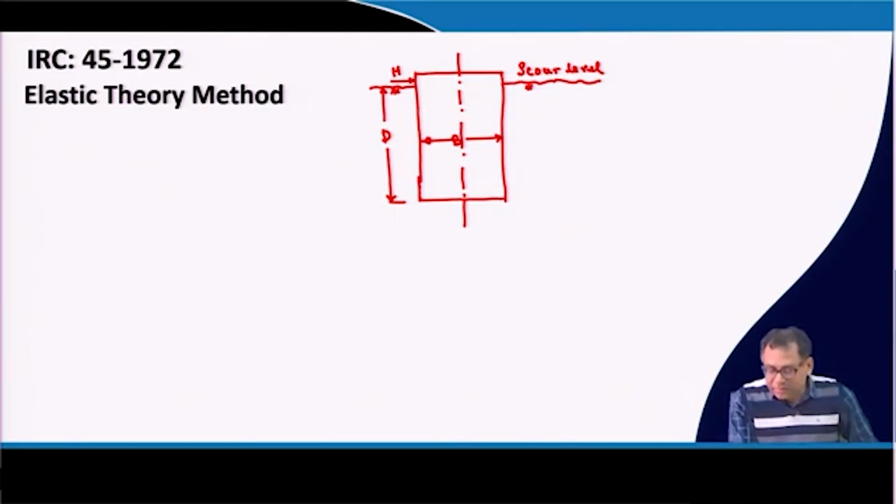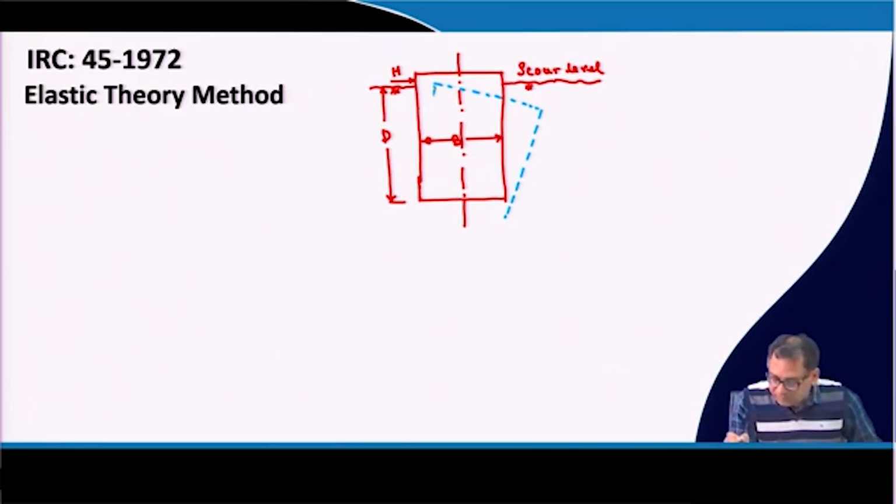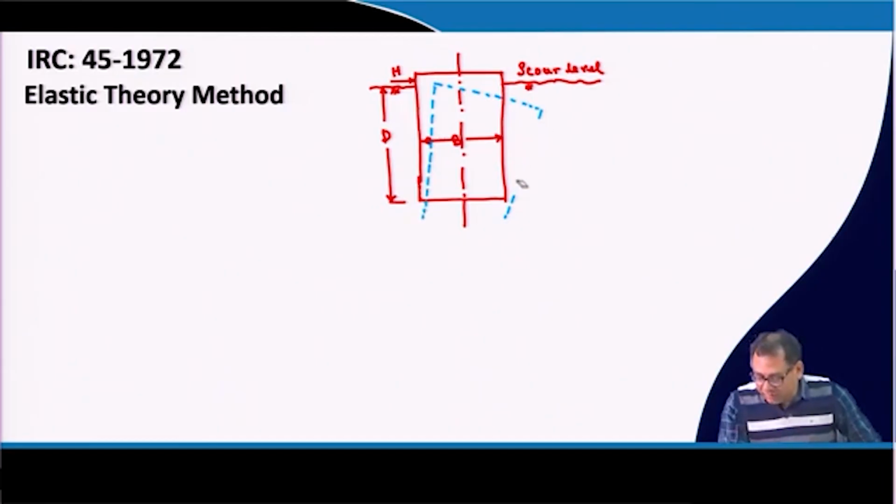Now, because of this horizontal force H, the well will rotate. So, what is the rotation form? The rotation is something like this.